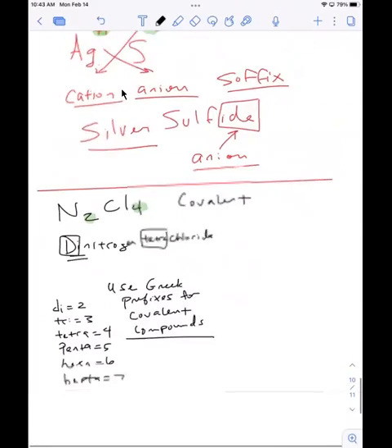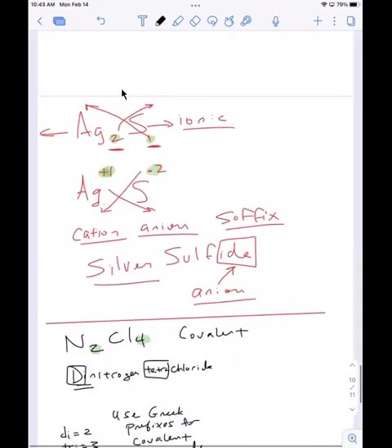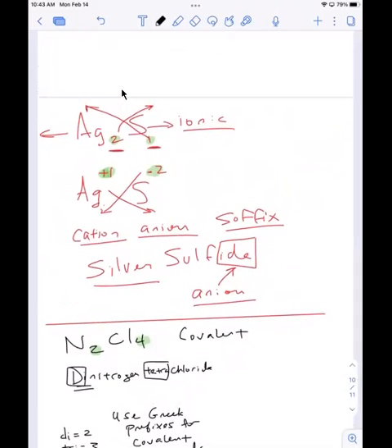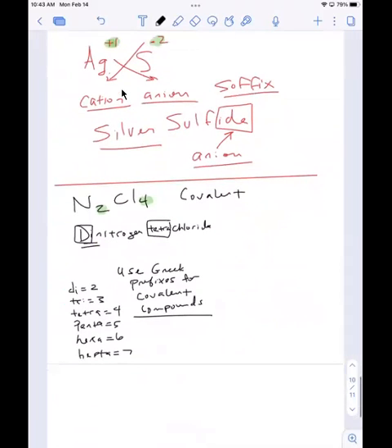That's not necessary when you have ionic compounds. So this wouldn't be disilver sulfide, it's just silver sulfide. But when you have covalent compounds, you want to use those Greek prefixes.